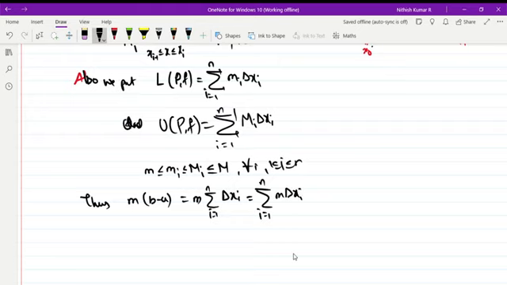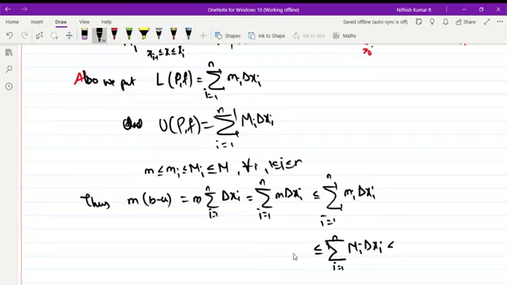Now if you observe from this inequality, this is less than or equal to summation i equal to 1 to n of small mi delta xi. Again small mi is less than or equal to capital Mi, so it is less than or equal to summation i from 1 to n of capital Mi delta xi. Again this is less than or equal to summation i equal to 1 to n of capital M delta xi.